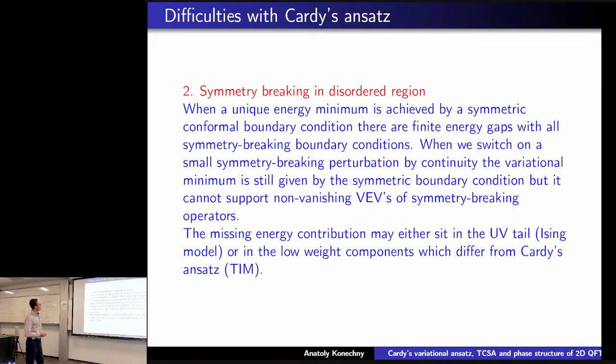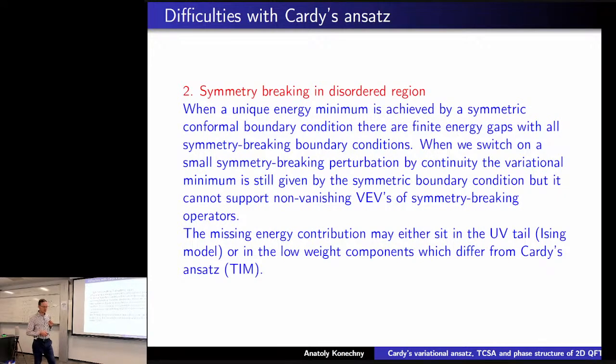Another general problem is with the symmetry breaking in the disordered region. I have not a single functional, but several variational energies labeled by conformal boundary conditions.